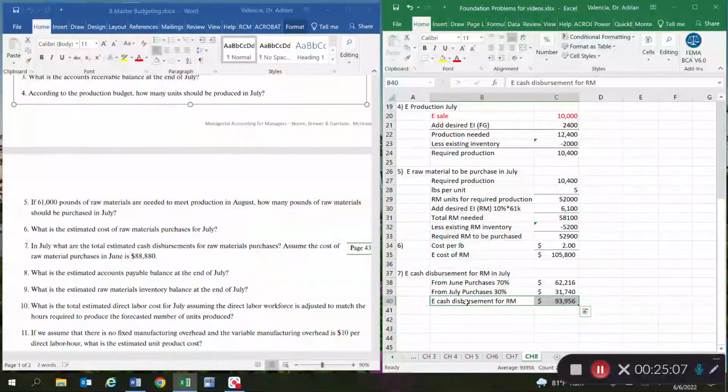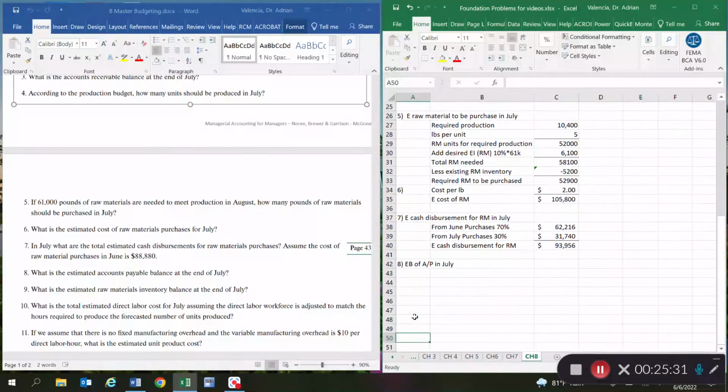Now, in question number 8, they want to know the ending balance for accounts payable in July. And I'm assuming this is the accounts payable balance related to raw materials only, okay? So 8, expected or ending balance of AP, accounts payable, in July.